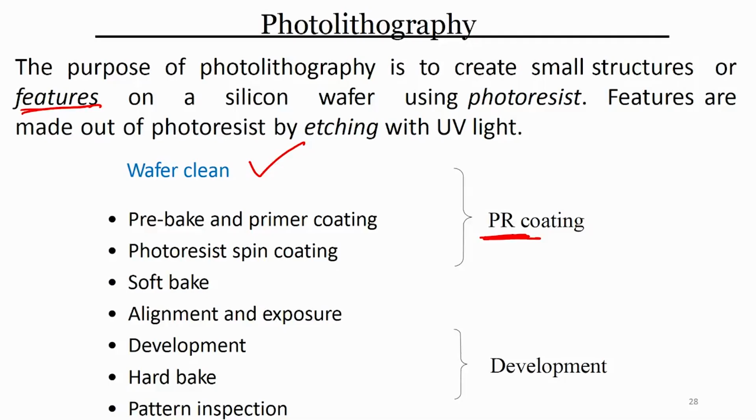For photoresist coating, what are the steps? First step is you have to pre-bake and primer coating. Before photoresist, sometimes you will see a word called HMDS.